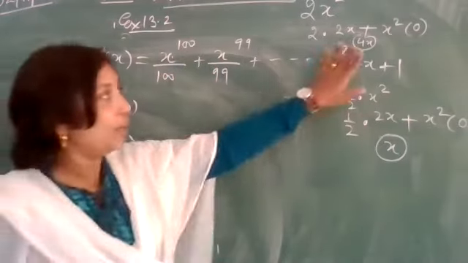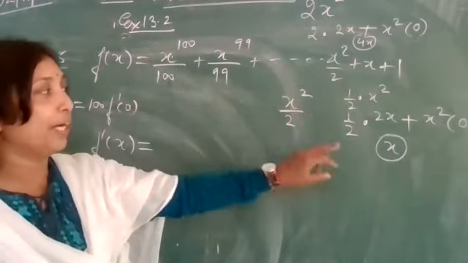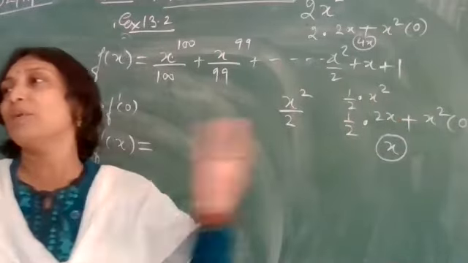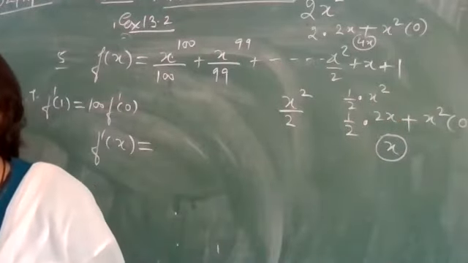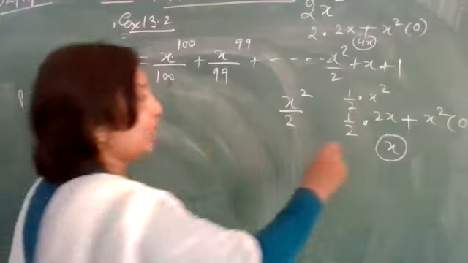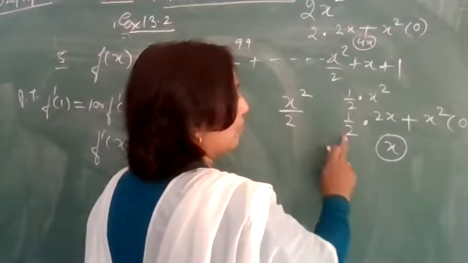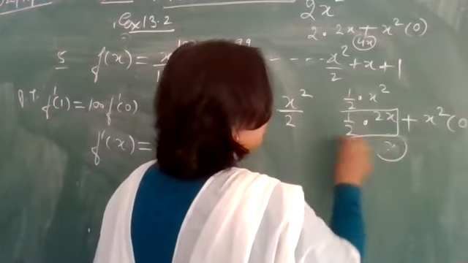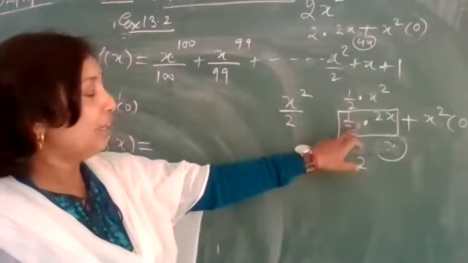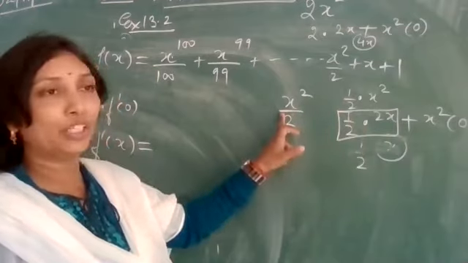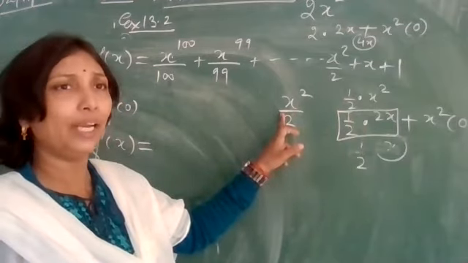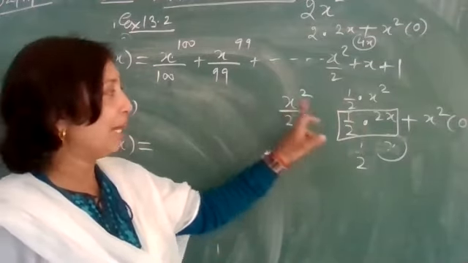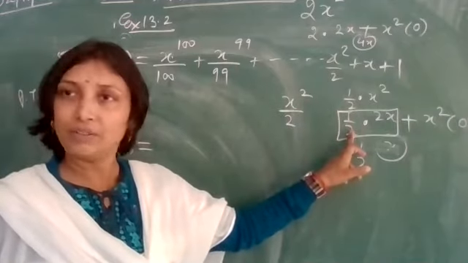Now, before applying that, I just want to show you that there is no need to apply such a big procedure of the product rule. What are we getting here? Come to this part. If you look at this and look at the question, 1 by 2 is coming as it is, right?